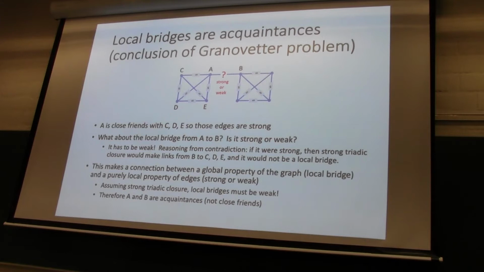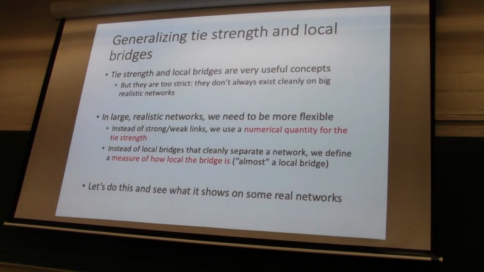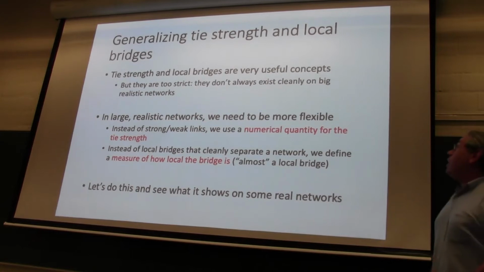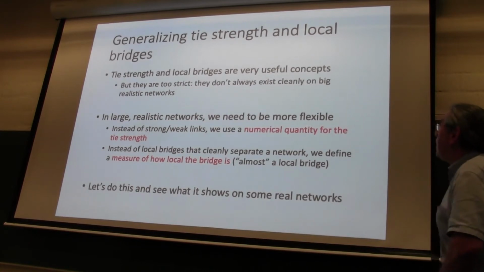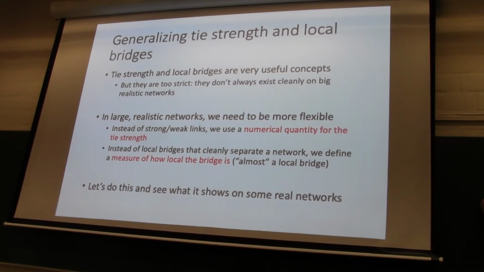So we saw that last time, but here we only have two things, strong or weak. It's like binary. And here it's a local bridge or it's not. It's binary. Now we're going to turn these into numbers, generalized measures. So the idea is we're going to keep talking about tie strength and local bridges, so how the nodes are friends or not.